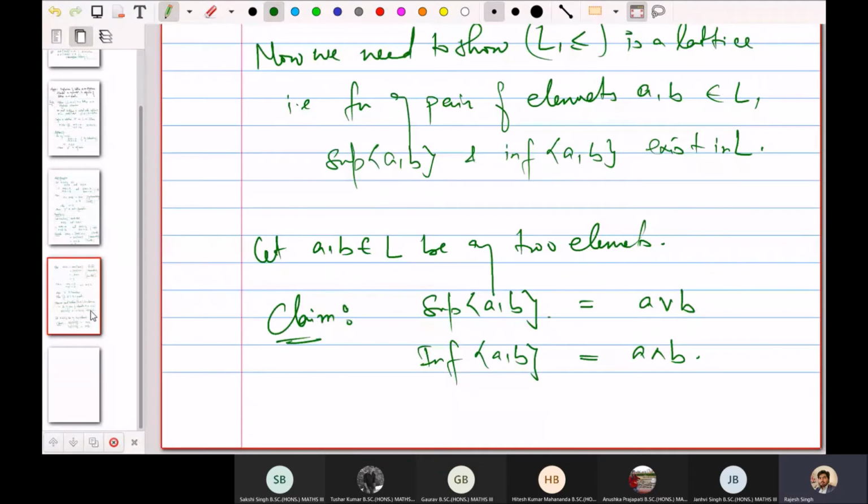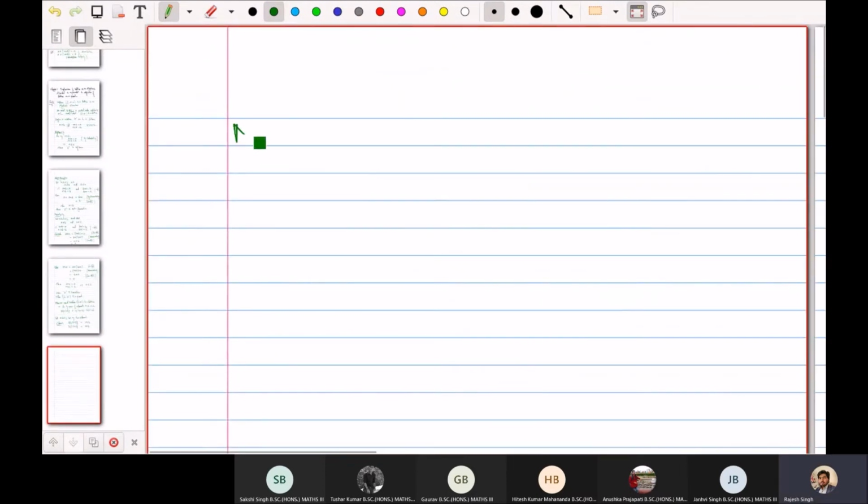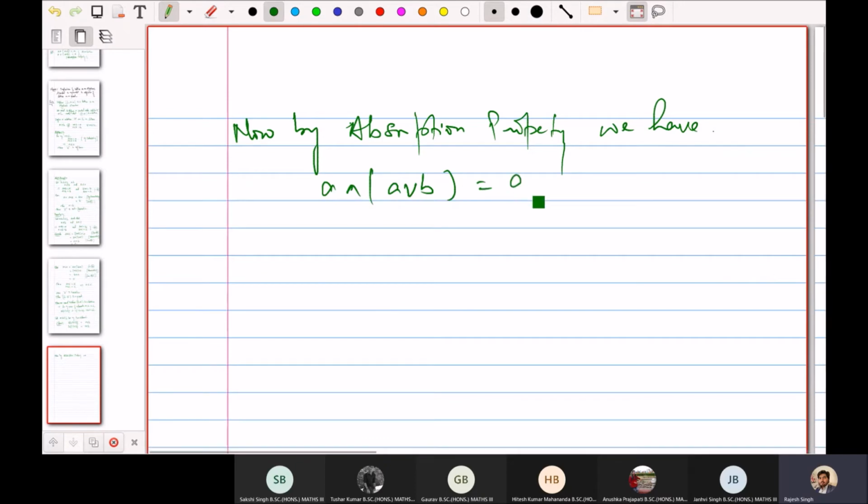क्या शो करना होगा हमें कि A cap (A cup B) is equal to A and A cup (A cup B) is equal to A cup B. Now by absorption property we have क्या होता है A cap (A cup B) is equal to A, ठीक है. So this is by absorption property. Also A cup (A cup B) क्या होगा?